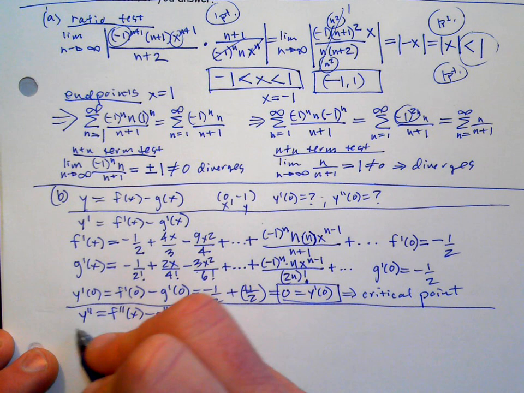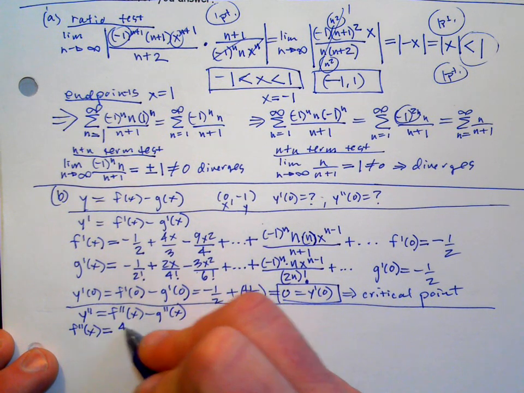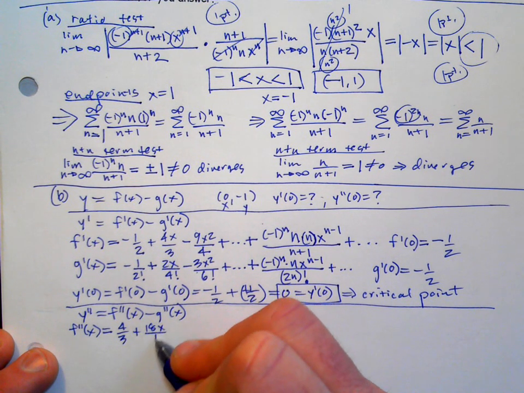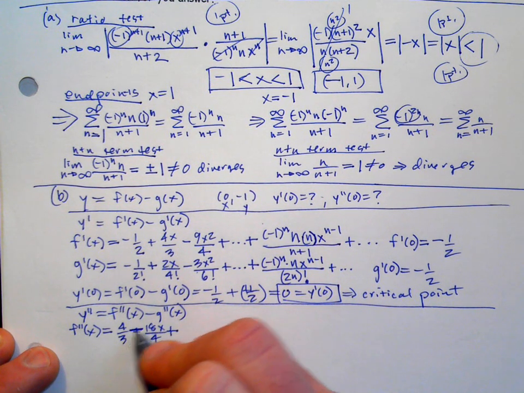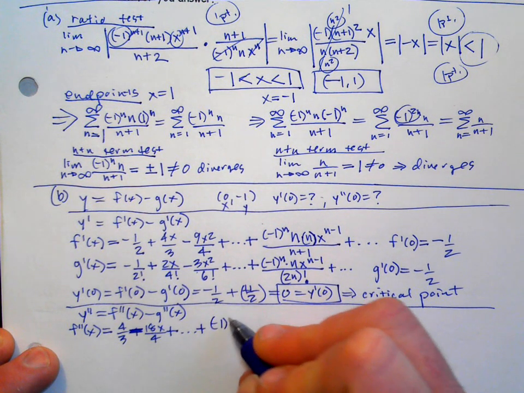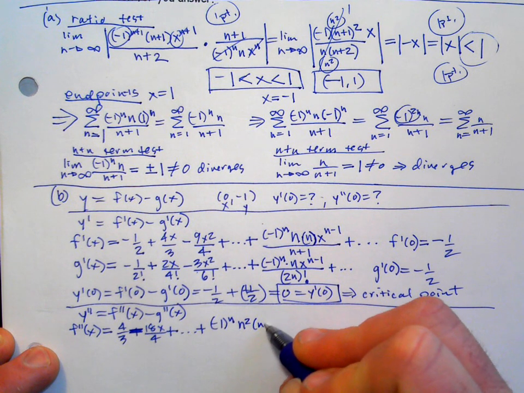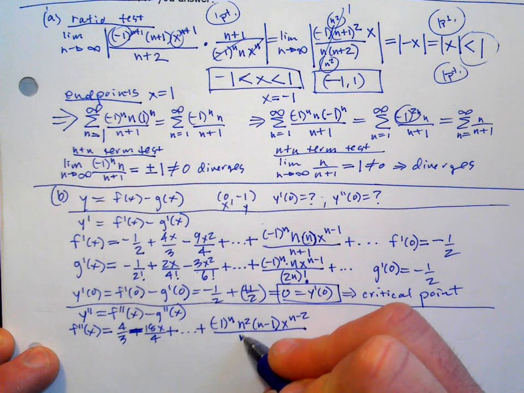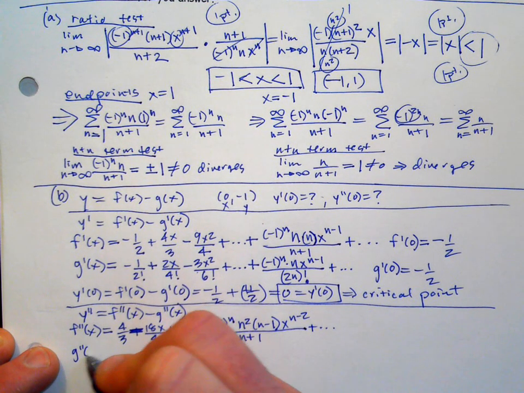And so then f double prime of x is going to equal 4/3 minus 18x over 4 plus, I should have said minus plus dot dot dot, plus -1 to the n. And then we have an n squared times the n minus 1, x to the n minus 2, all over n plus 1 plus dot dot dot.